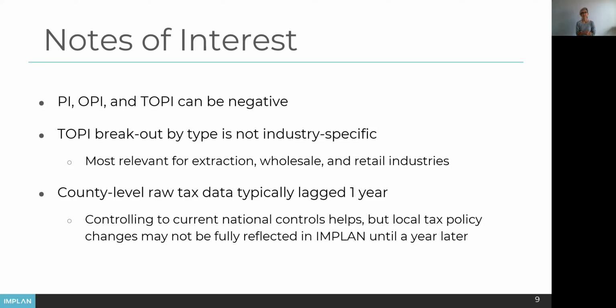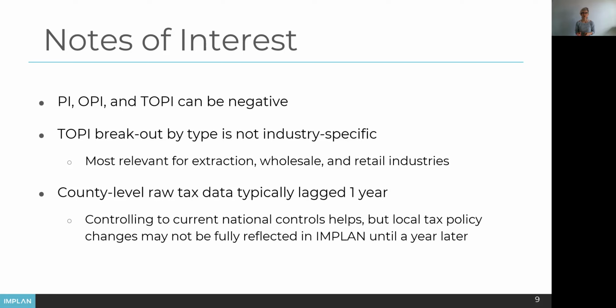So if for some reason a county decides no longer to have income tax, whereas they did previously, that is not going to be fully reflected in IMPLAN until a year after that happens, and we get the raw data that represent the year in which that change happened. But once a change like that shows up in the raw data that we use, it will be reflected in IMPLAN.